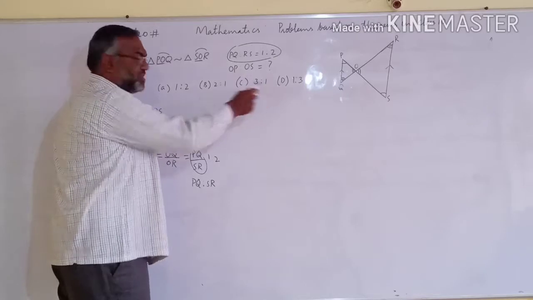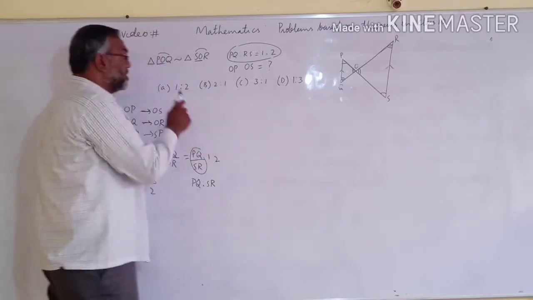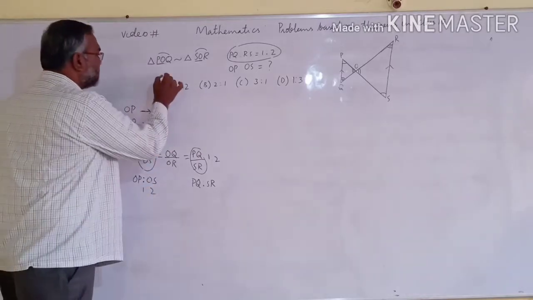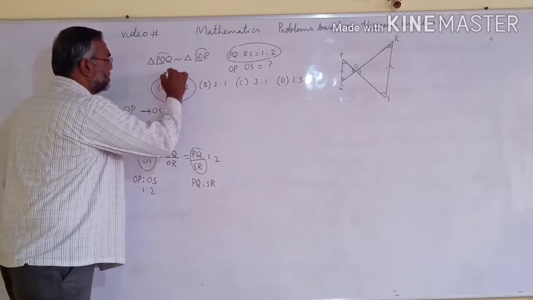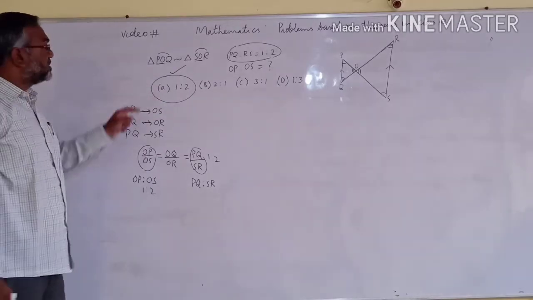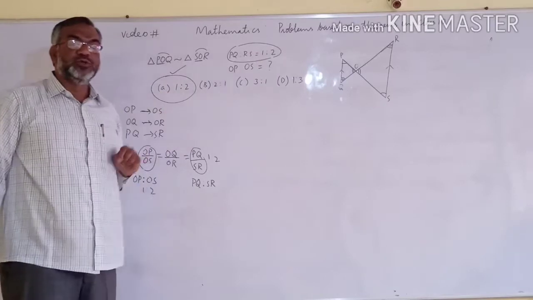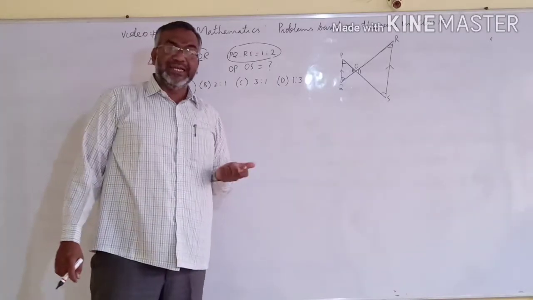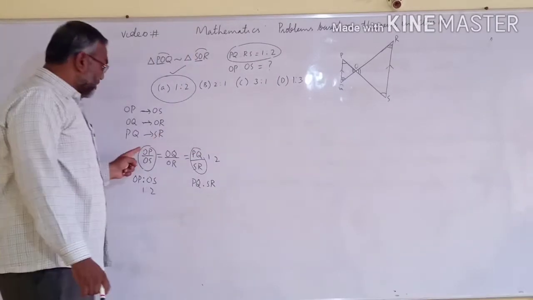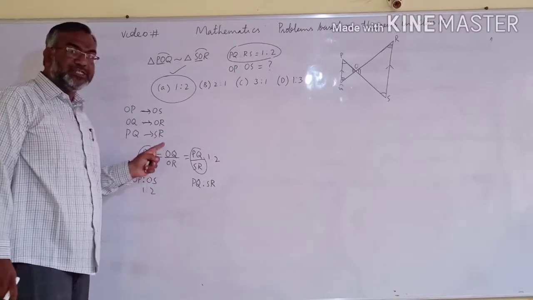Here the options are given: 1:2, 2:1, 3:1, 1:3. So which is the correct one? Of course, option A is correct. This is the right answer, because these two triangles are similar. So according to the SSS criterion, the ratios of corresponding sides must be the same.